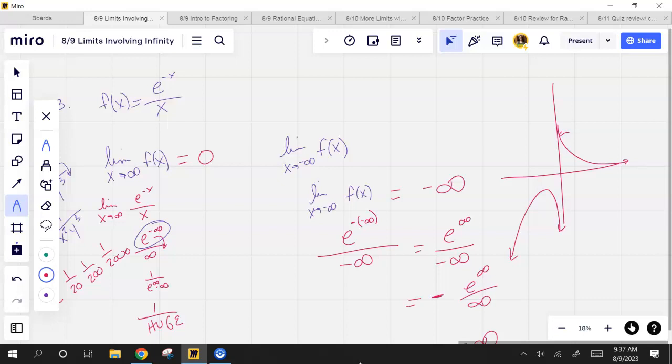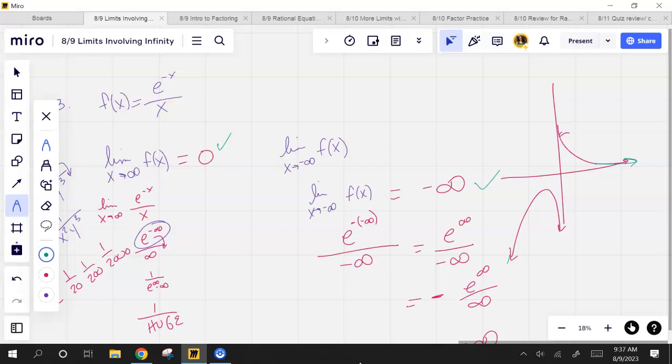So did we get our limits right? As I go to infinity, this side, what's it approaching? I'd say I got that one right. As you approach negative infinity, as I go to the left, as far left as I can go, what's it approaching? I would say we got that one right as well. See what we did?